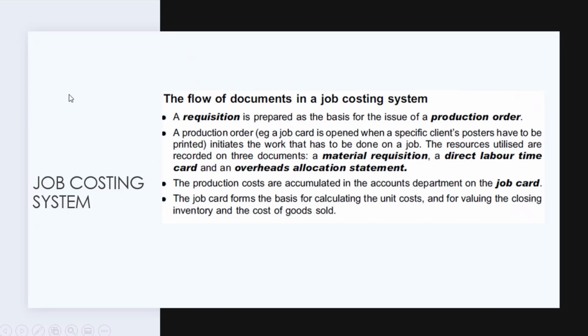And then a production order, which would be like a job card, is opened for that specific client, right? And it's initiated so that the job can be done. Then the resources that are utilized are recorded into 3 documents. After a person has filled in the requisition, a production order form is initiated, and it is then separated into 3 documents.